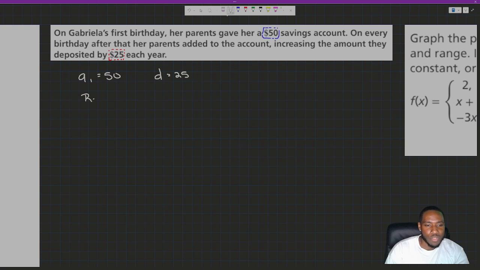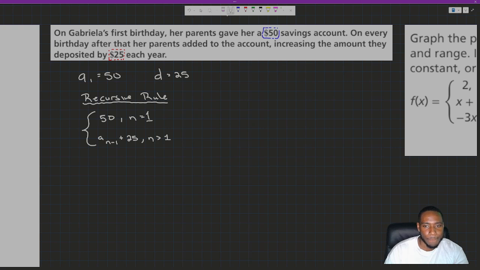So that means for our recursive rule, we'd write the following: 50 when n equals 1, and a sub n minus 1 plus 25 for when n is greater than 1.